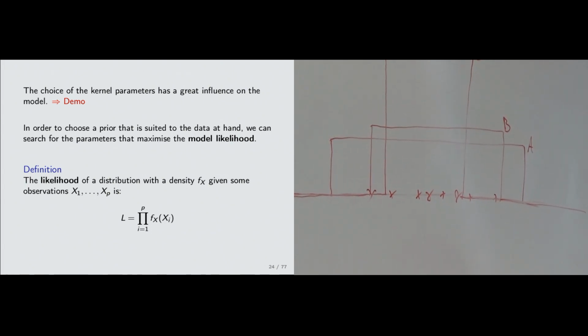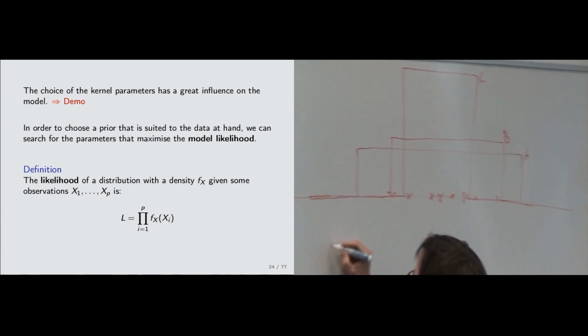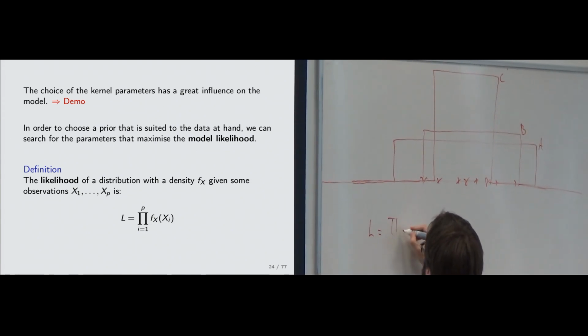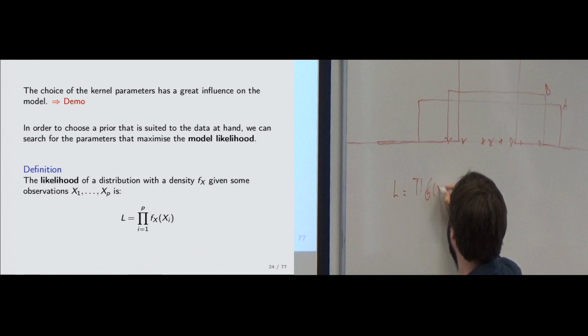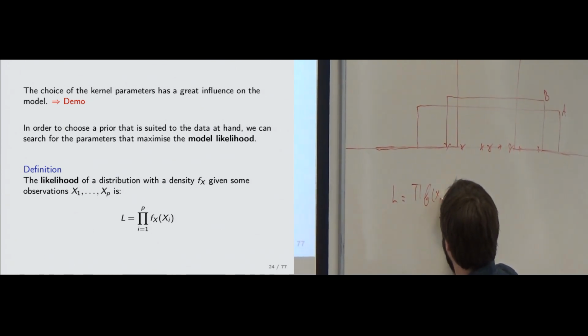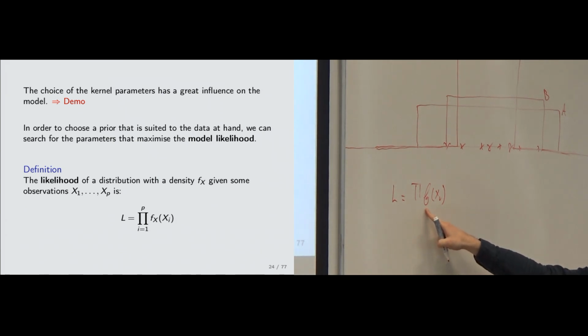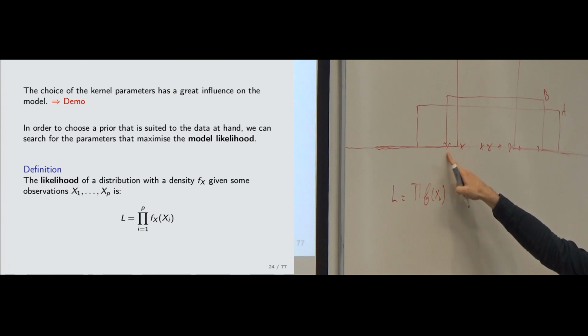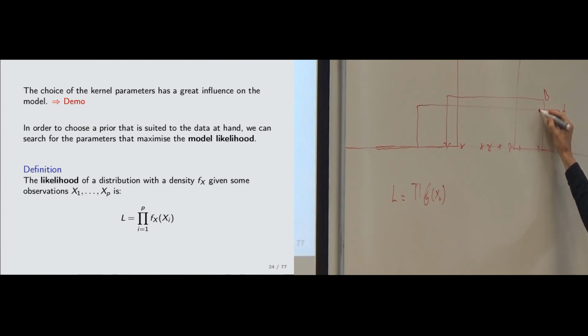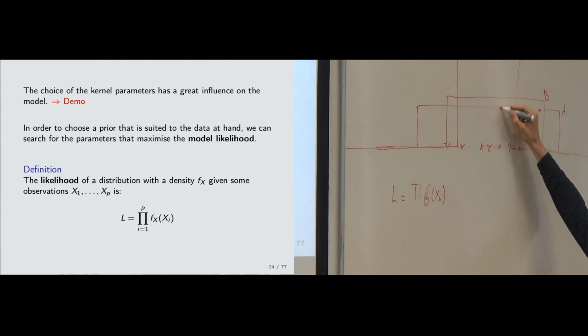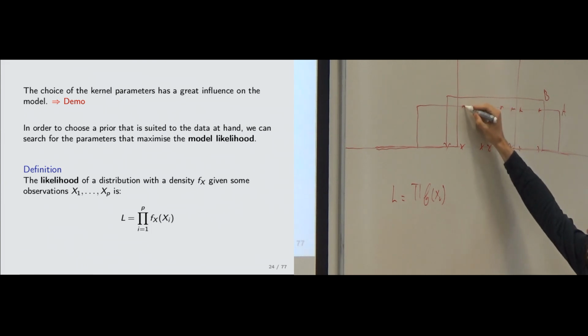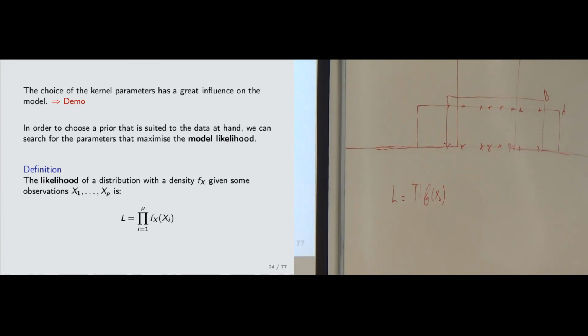So maximum likelihood tells you that L is equal to the product of your PDF, so that could be A, B, or C, one of these 3 functions, evaluated at your observation points, right? So let's look at what's happening for A. We are making the product of all these values.